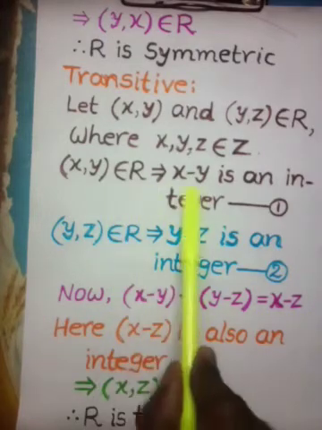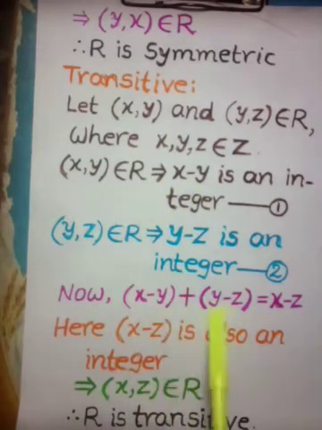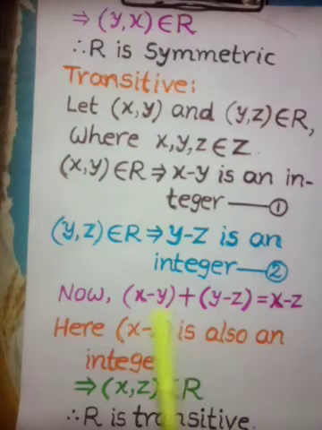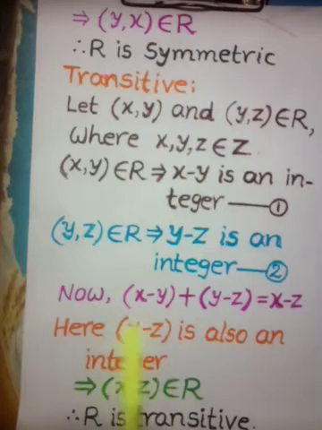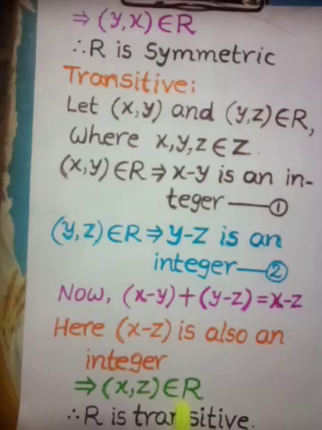This means x minus y is an integer, y minus z is also an integer. The sum of these two integers is also an integer. So x minus z is also an integer. This implies the ordered pair (x, z) belongs to R. Okay, my dear children. Therefore, R is a transitive relation.